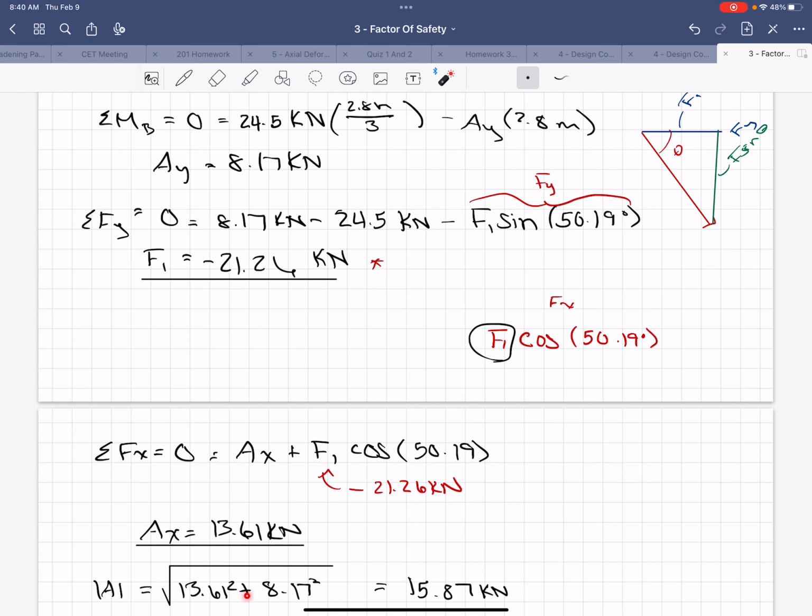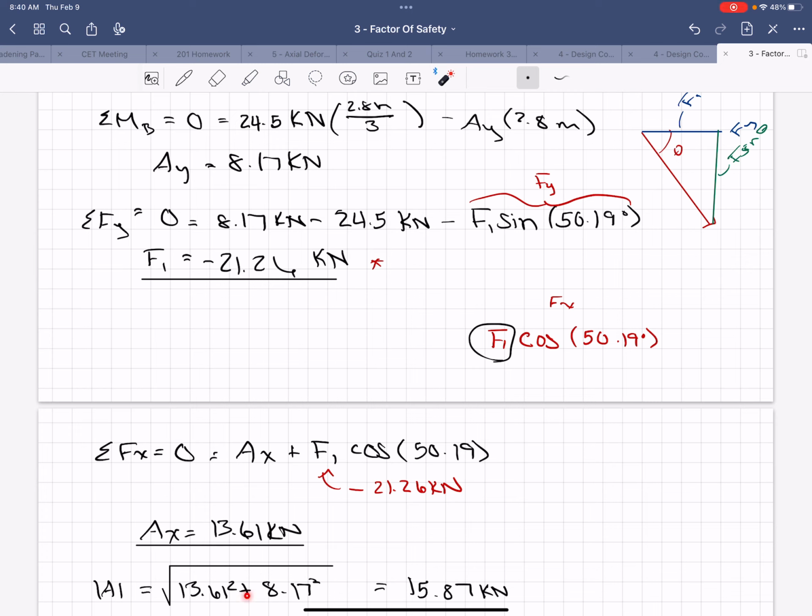So minimum area for bar 1. So we know, first thing we talked about, we have to calculate sigma allow, the allowable stress. Sigma allow equals sigma yield given over the factor of safety given.